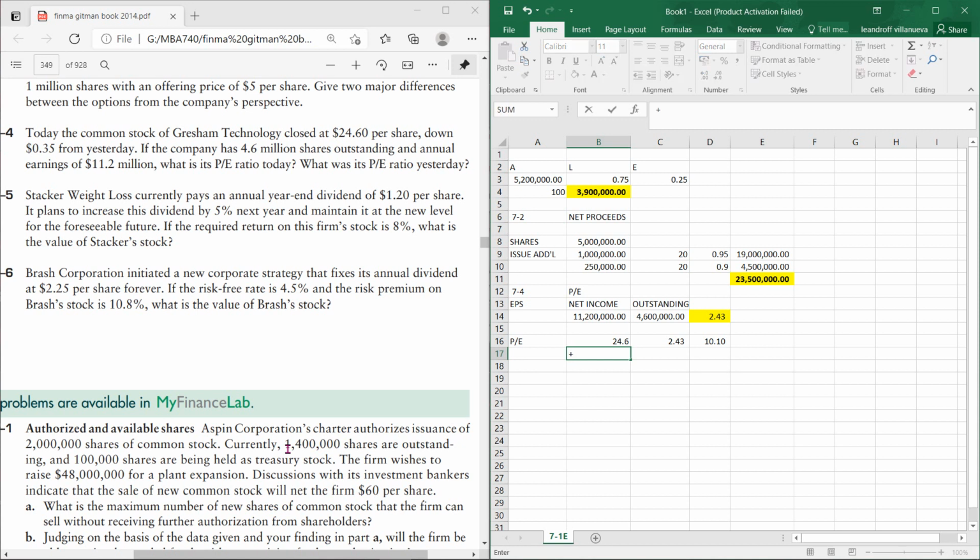So it would be 24.6 plus 0.35 equals 24.95. And we still have the 2.43. So, we have 24.95 divided by 2.43. So, we have 10.25.